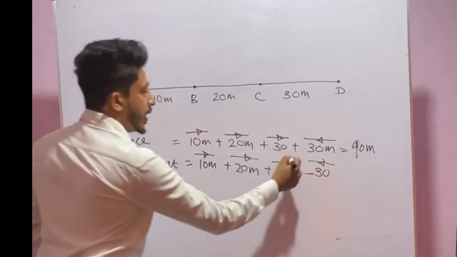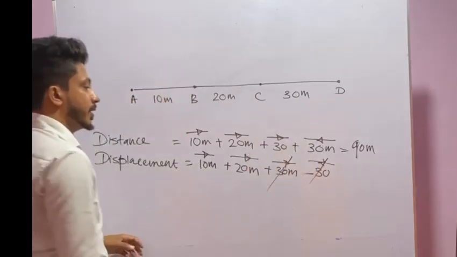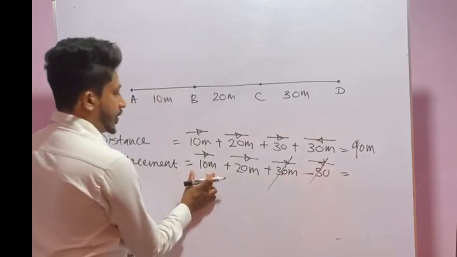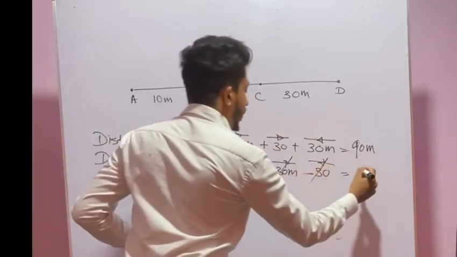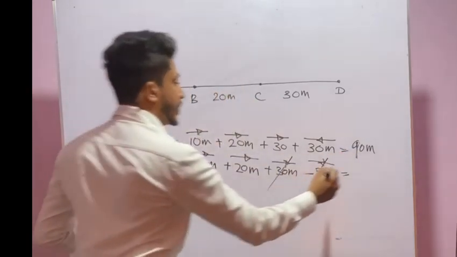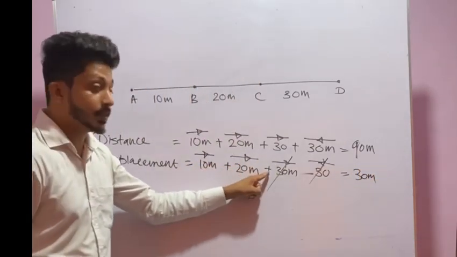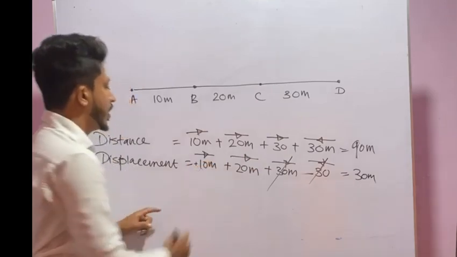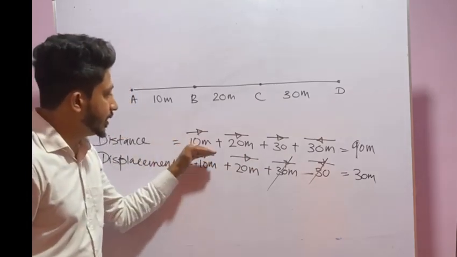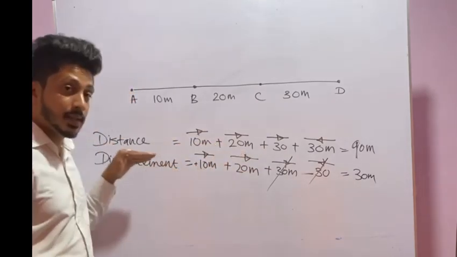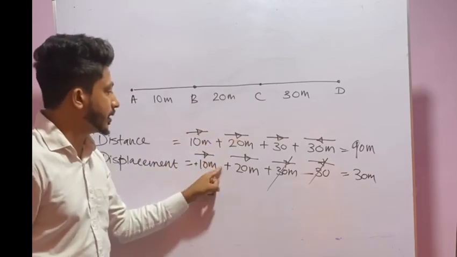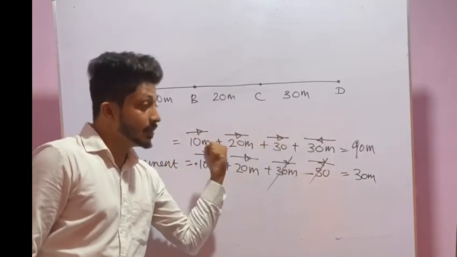That will cancel this and this. What is the answer? 10 plus 20 is 30. You can put plus here also, plus. Why? The direction is the same. This direction is plus, this direction plus, this direction plus, this direction minus.